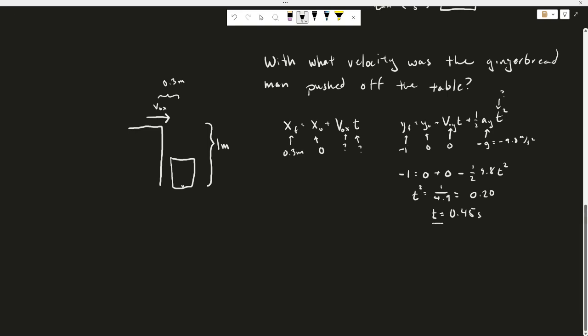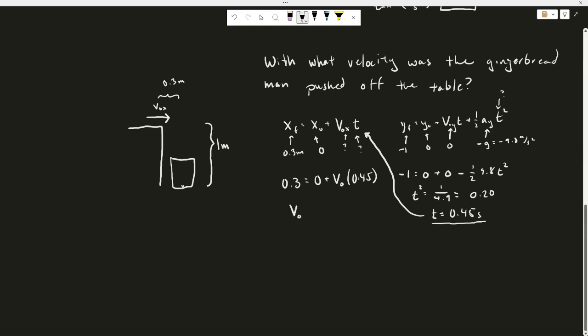Now that I have this piece of information, I can bring this up to my x direction and plug that in there to solve for the initial velocity in the x direction, which we know is just equal to the initial velocity. Now, when I do that, I'll get 0.3 is equal to 0 plus v naught times t, which is 0.45 seconds.